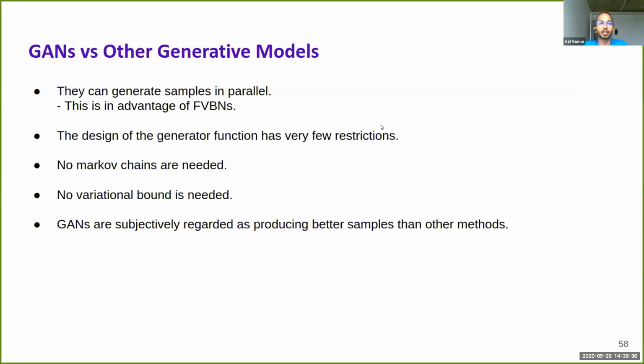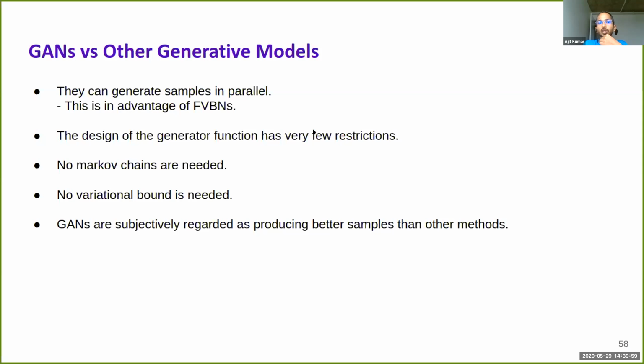Just to compare GANs versus other generative models, GANs generate everything in parallel as compared to pixel RNNs, which were slow. The design of the generator function has very few restrictions. By this, I was essentially comparing this to some other model, which was the Boltzmann machine, which I have not discussed yet.